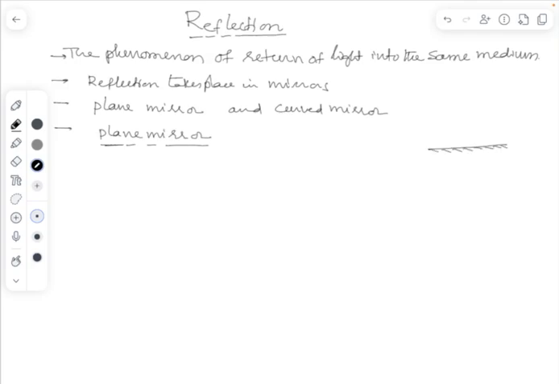This is a plane mirror, and this is a normal. This is the incident ray, and this is a reflected ray.